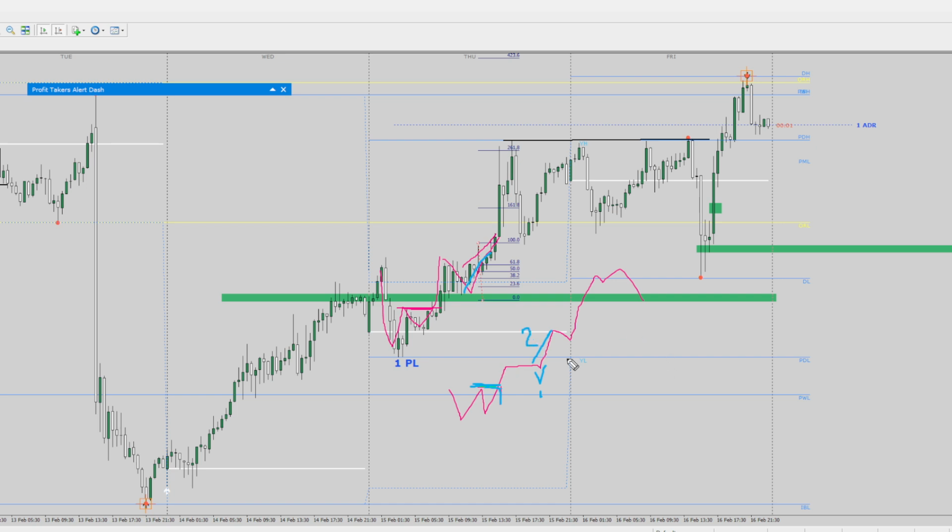Okay, and then we have our second V, and then the third push. Okay, and then we have the M, and that's what we see here. One, and then two. Then we have 1, 2, and then 3 pushes, all in one day on Thursday. It's a very good trade, actually. I hope that made sense.